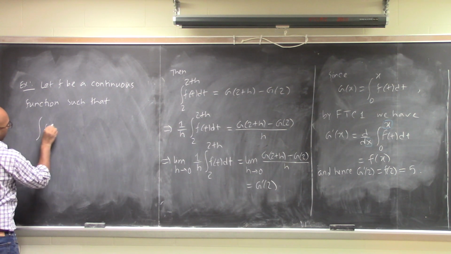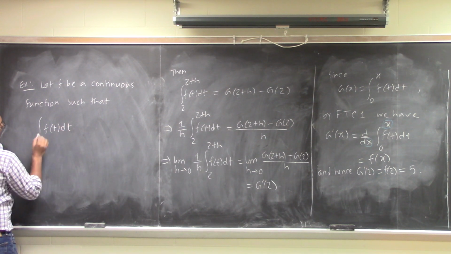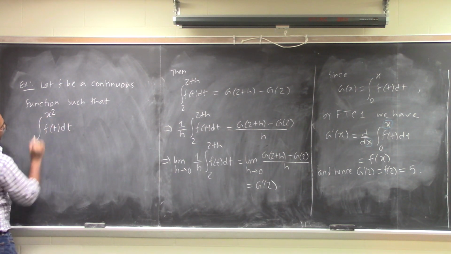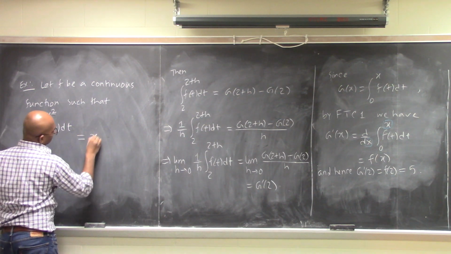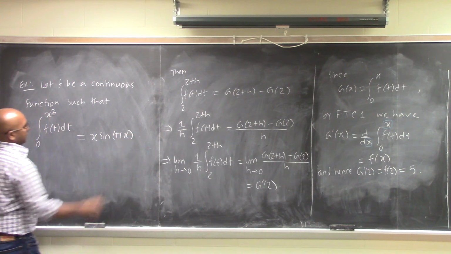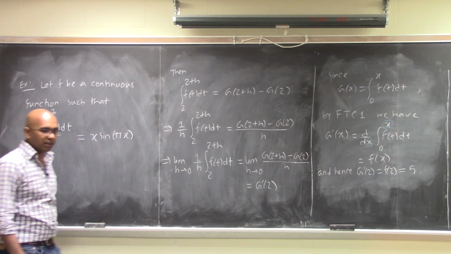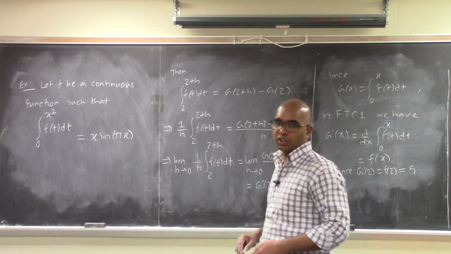So the integration of f from 0 to x squared equals x sine pi times x. No, that's wrong. That's the integration of my function f.